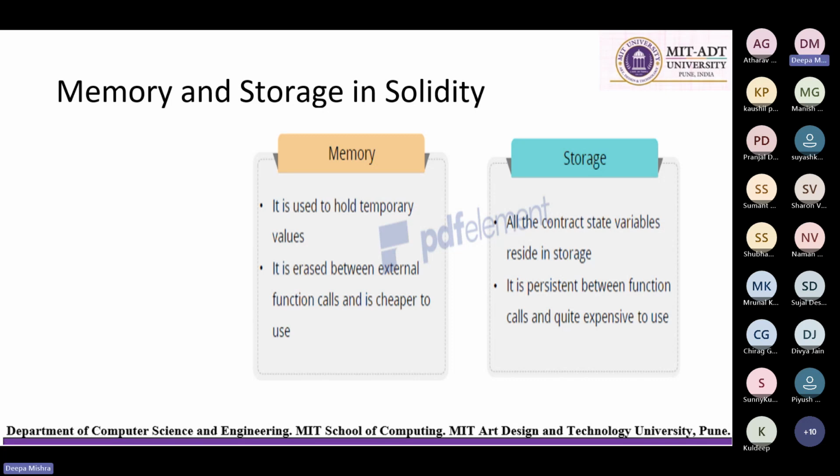When I say cheaper, it means that for every function we execute, we have to pay gas fees. So while developers write Solidity smart contracts, the main motive is to write efficient code which has less gas consumption, or which follows gas optimization.